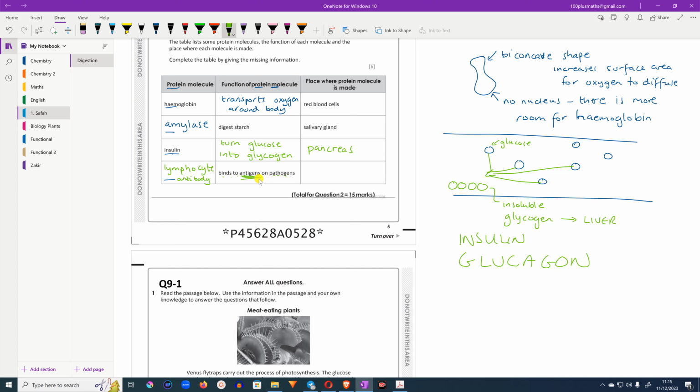It's produced by the lymphocyte, but it's produced in the bone marrow. Yeah, so what we'll do is we will not put that there. The actual protein molecule is an antibody and it's produced by the lymphocyte. So we want to write it that way.